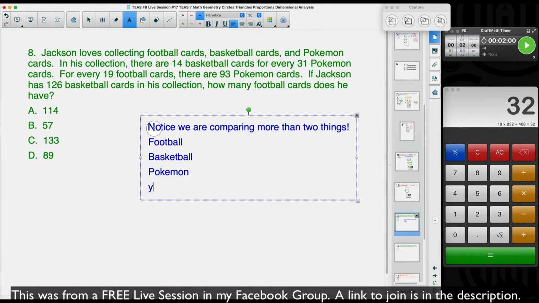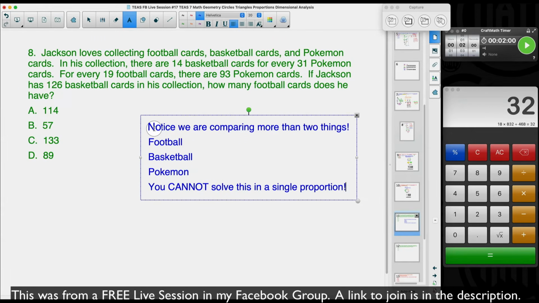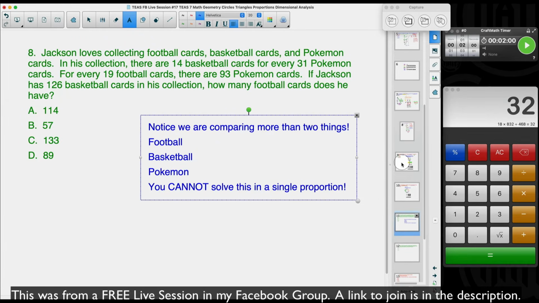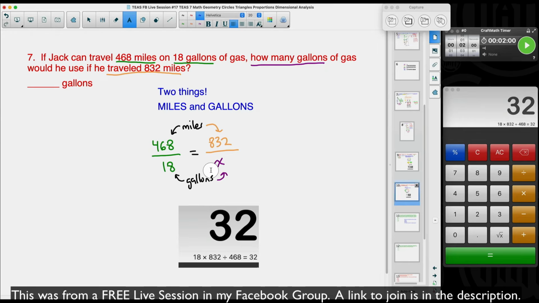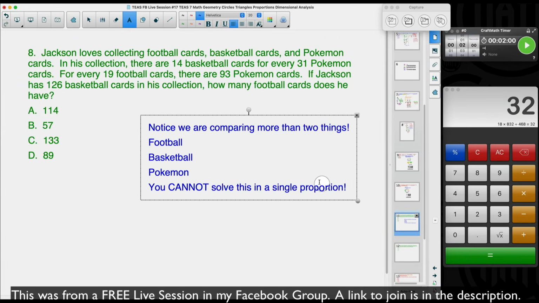Now, you cannot solve this in a single proportion, because a single proportion only allows you to compare two things, just like we did in these previous two examples. You can only compare two things in a proportion. So we got to have another way.